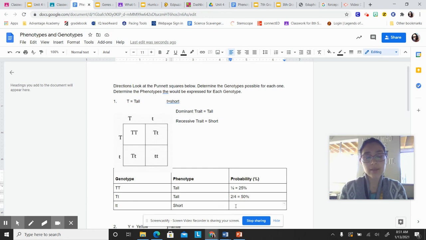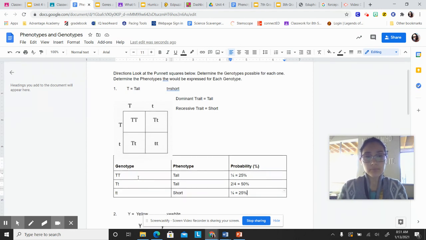And then lastly, for the short gene, how many of them do you have in here? Hopefully you said just 1. And then total you have 4. So you have a 25% chance of getting this genotype. Okay, so in this case, you have a 75% chance of being tall. And then in this case, you would have a 25% chance of being short.